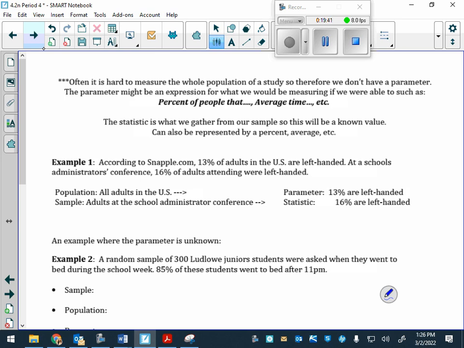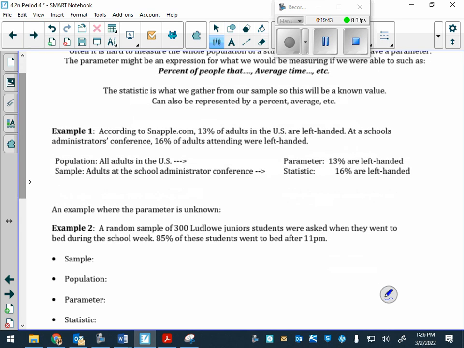Okay? So example 1 is a very reliable source, clearly. Snapple.com, very reliable. Okay? 13% of U.S. adults are left-handed. At a school's administrators conference, 16% of adults attending were left-handed. Well, the population is all adults in the U.S., correct? A piece of that population were adults at an admin conference, okay?